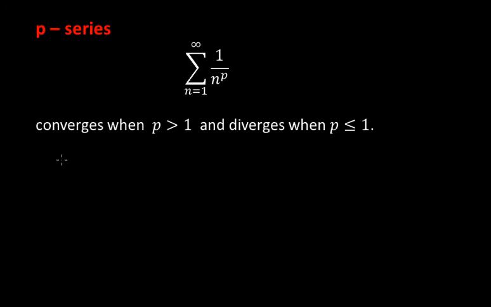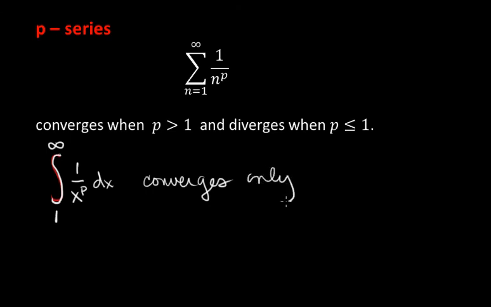If you remember, about 2 lectures ago, we proved that the integral from 1 to infinity of 1 over x to the p dx converges for p greater than 1.